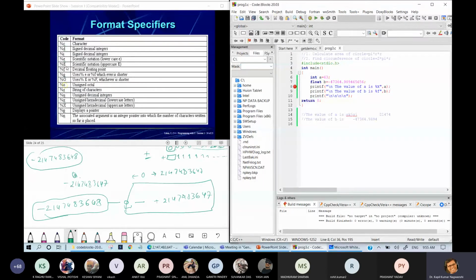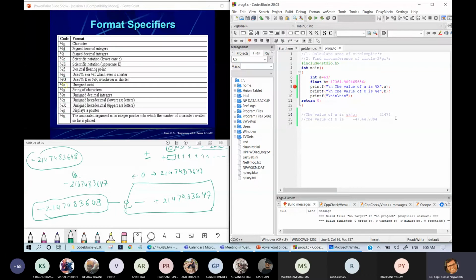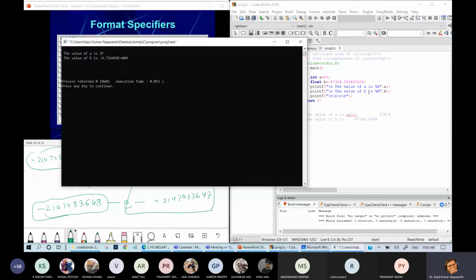Percent E will give you the answer in scientific notation. So this is the answer written as e to the power minus 4, or if you are writing capital E, then it will give you the answer with capital E. Correcting this, it is 4.7 into 10 to the power 4, not minus 4.